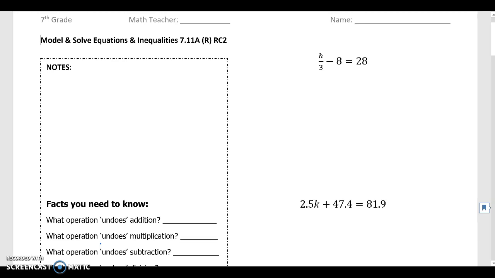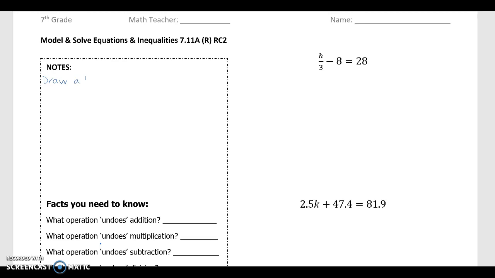So let's get down to modeling and solving equations and inequalities. When we solve equations and inequalities, make sure that you're always drawing a line down the equal sign.